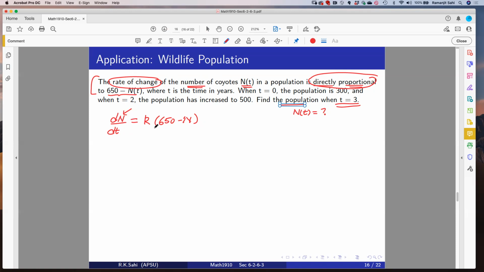It's a very similar way we did in our previous Newton's law of cooling. So to find the solution of the above differential equation, we are going to use separation of variables.